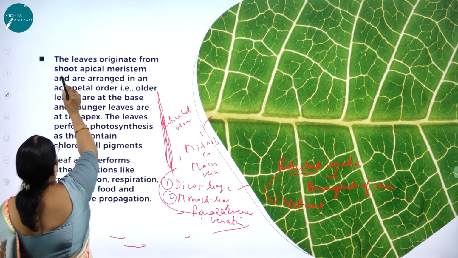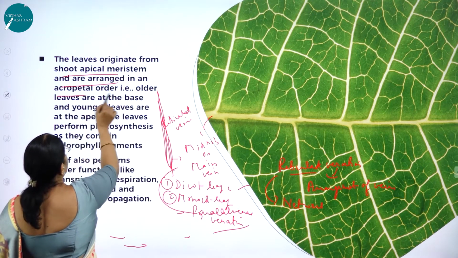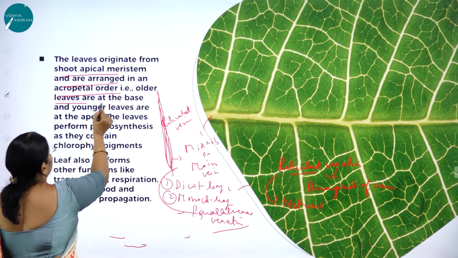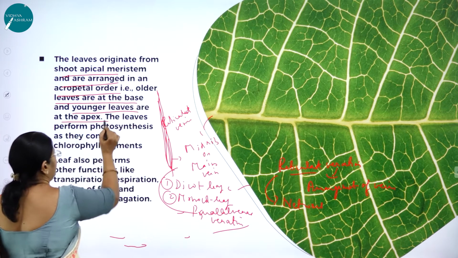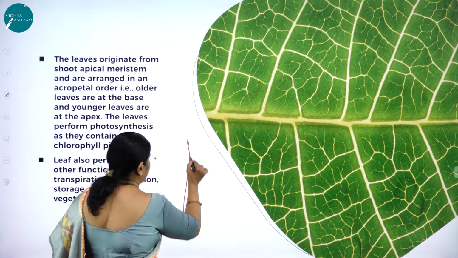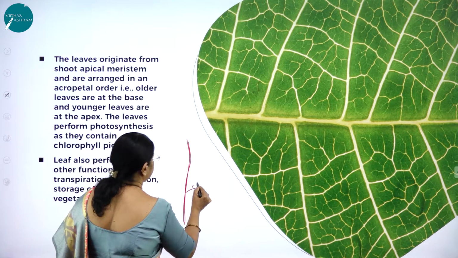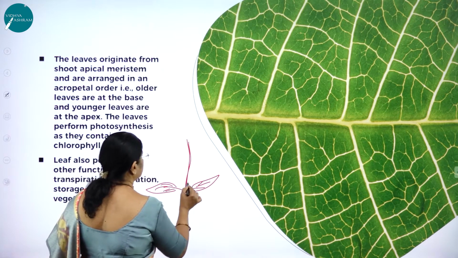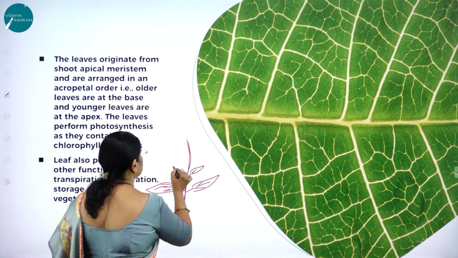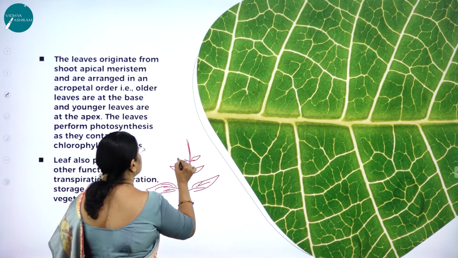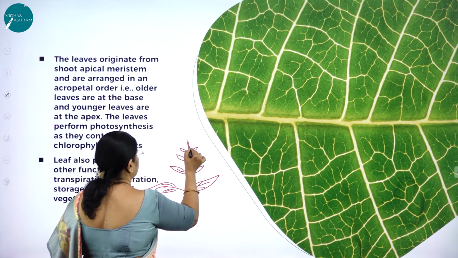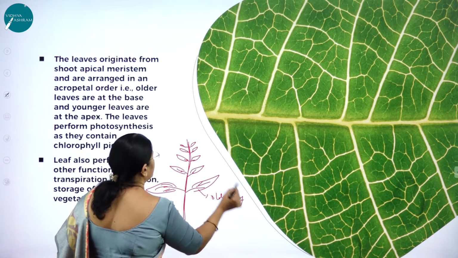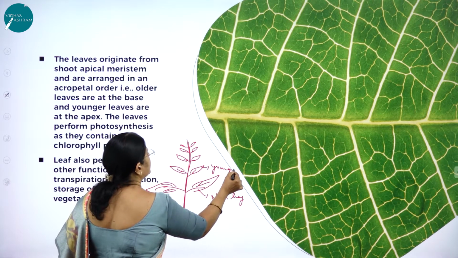The leaves originate from the shoot apical meristem and are arranged in an acropetal manner. What do you mean by acropetal manner? Older leaves are at the base and younger leaves are at the apex. For example, if this is the branch, this is the older leaf and this is the younger leaf.